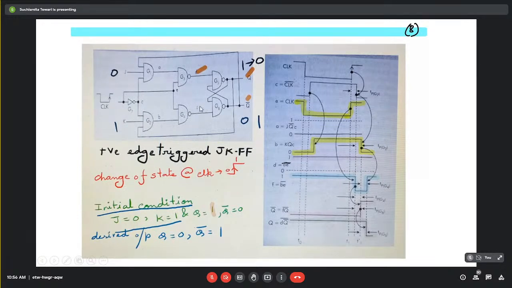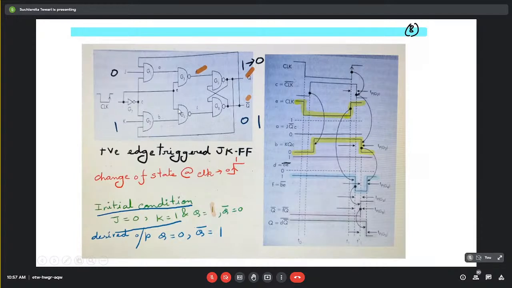Now let's come down to F. What is F? F is BE whole bar, that is these two inputs, B and E. This yellow one and this yellow one. Both of them are changing at some point of time. But this F will fall to 0 only when both of these inputs become 1.